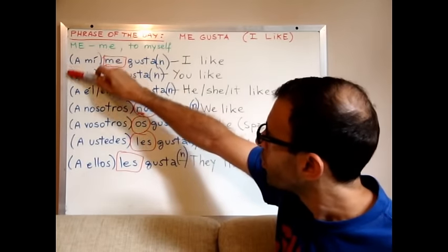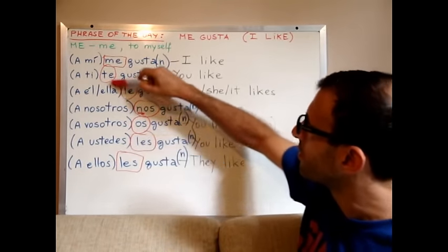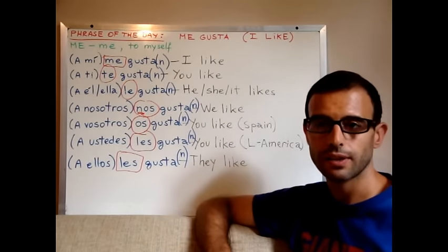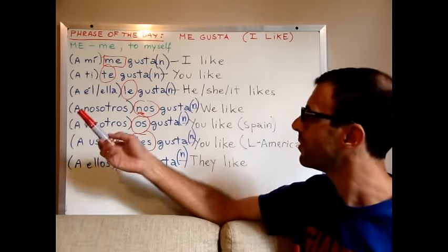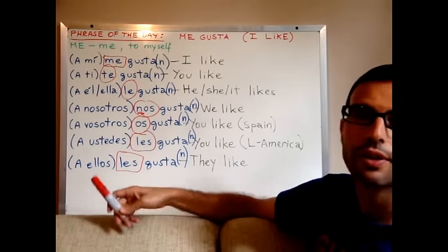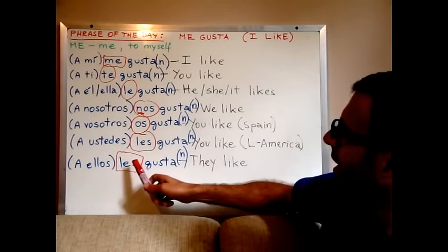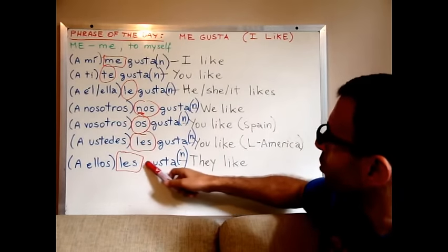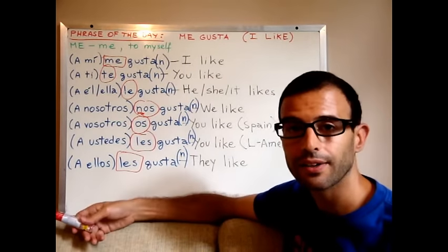So, we can perfectly omit this first part that is in between brackets and say I like something, me gusta, te gusta. For example, they like oranges. Les gustan, remember oranges is plural, les gustan las naranjas.